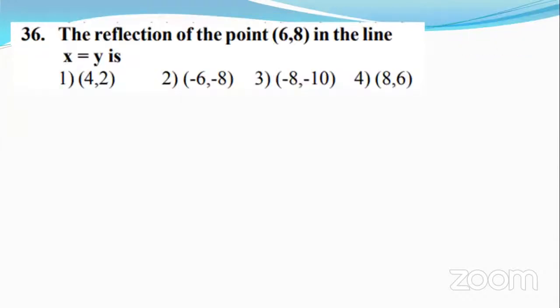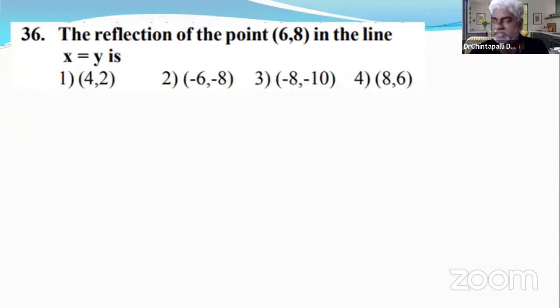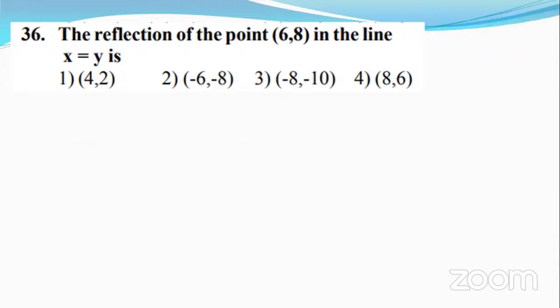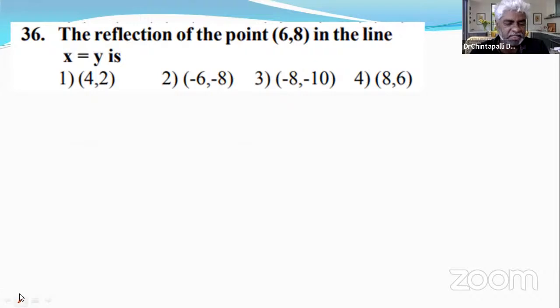Yes, sir. We did this sum previously, the first sum in this concept. The reflection equals y. What is its answer? 8, 6. Very good. One vertex of a square. I think we did this question, sir.